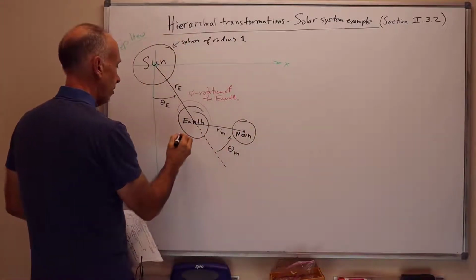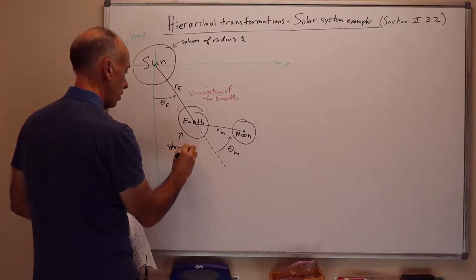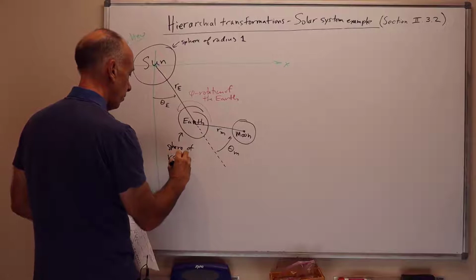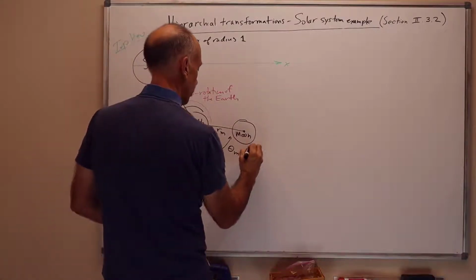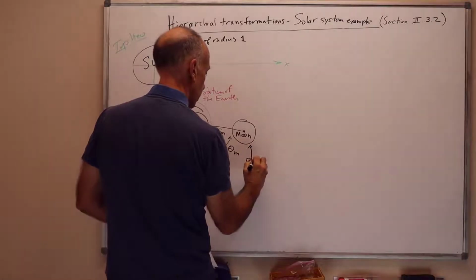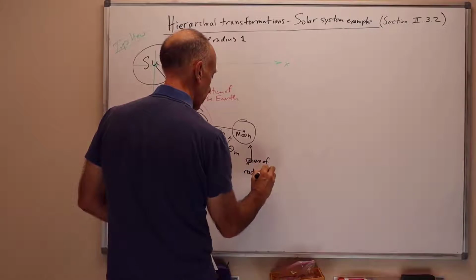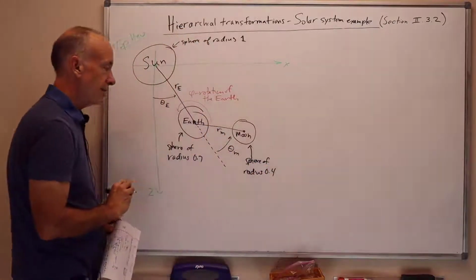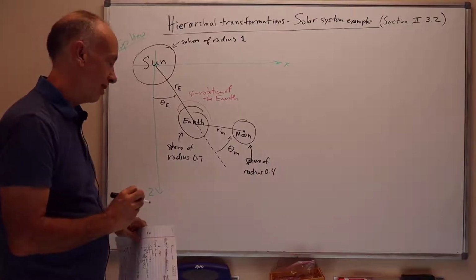And we're going to render the earth with a sphere of radius 0.7, and we'll render the moon with a sphere of radius 0.4. So these are not to scale with the solar system by any means, but it's just a way of illustrating the properties here.